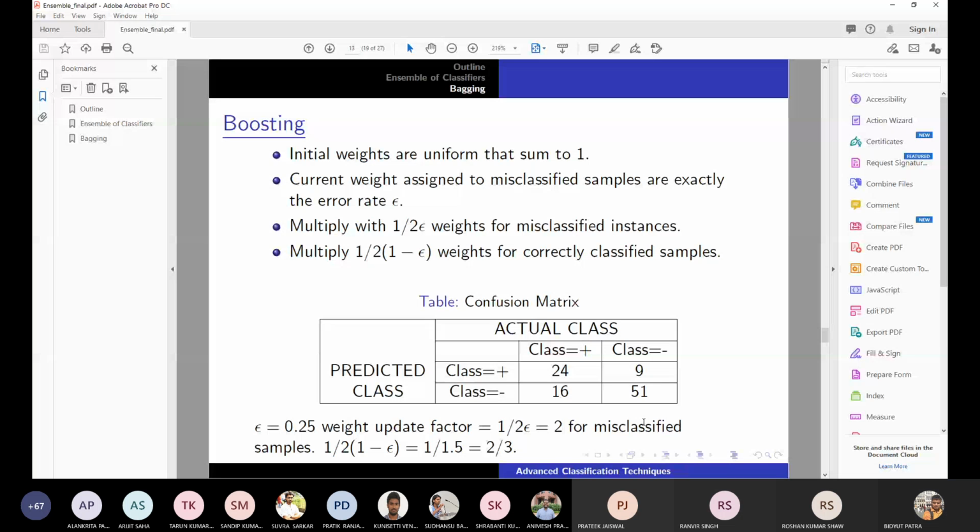Then 2/3 into 75 gives you 50. So if the total weight is 100, half of the weight you assign to the misclassified samples, and the other half you assign to only the rightly identified samples.